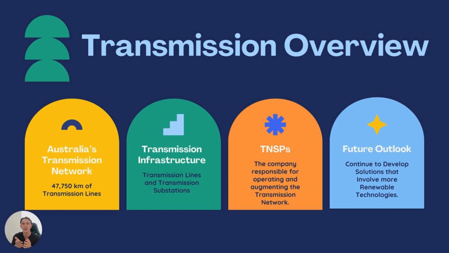This transmission infrastructure is operated by what we call TNSPs, which is essentially the company responsible for both operating and augmenting the transmission network. And moving forward, as I talked about with those problems and solutions, I think the key for our future is to continue to develop solutions that involve more renewable technologies, because that's the real key that's going to help us exponentially increase through the energy transition.